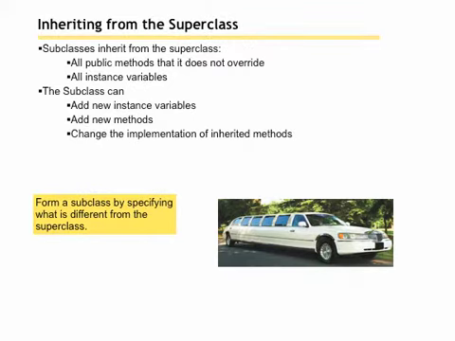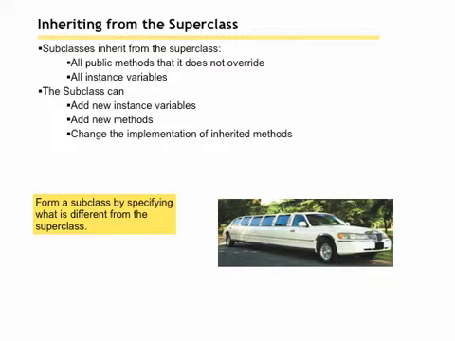So subclasses inherit from the superclass all the public methods that it does not override. Override means that you write a method of the same name with the same parameter list in the subclass as you have in the superclass. Subclasses also inherit all instance variables. So it has all instance variables, but recall, if they are private, they are inaccessible in the subclass.